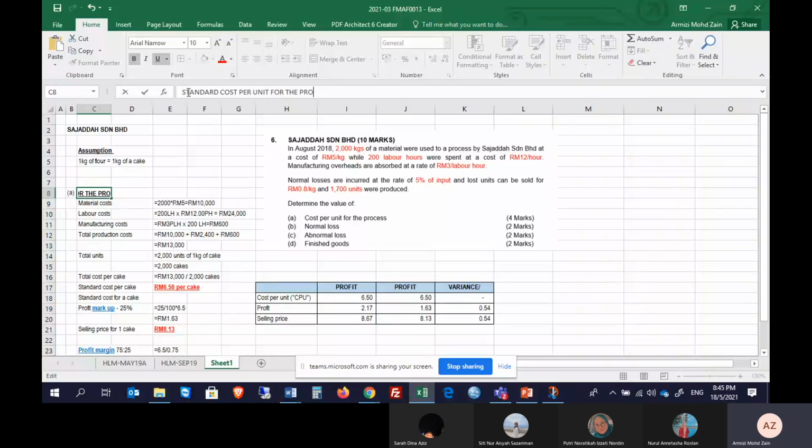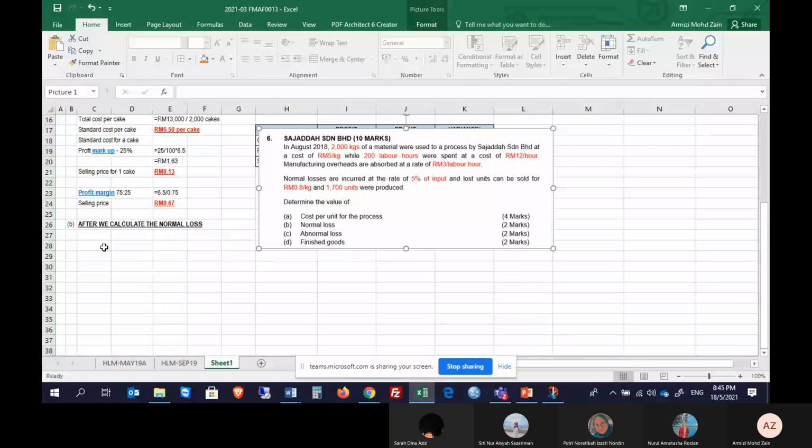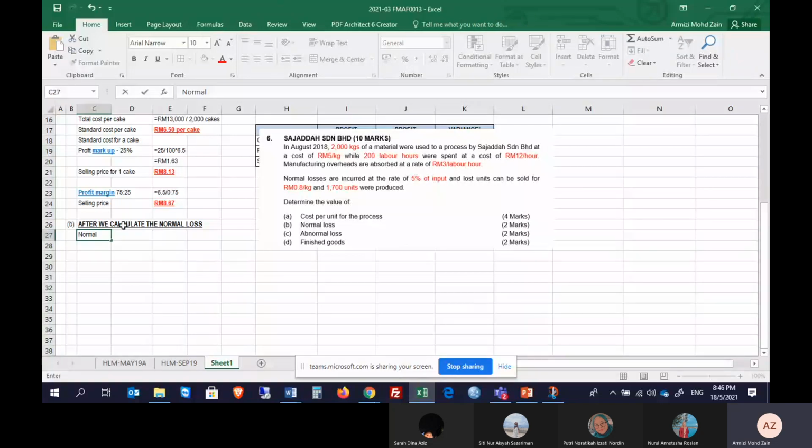Soalan dia kata normal loss equal to 5% of input. Okay. So input dia adalah 2,000 kilograms of flour. Ni kita punya assumption flour lah. Okay, nak faham kan? So normal loss dia adalah 5% of input.